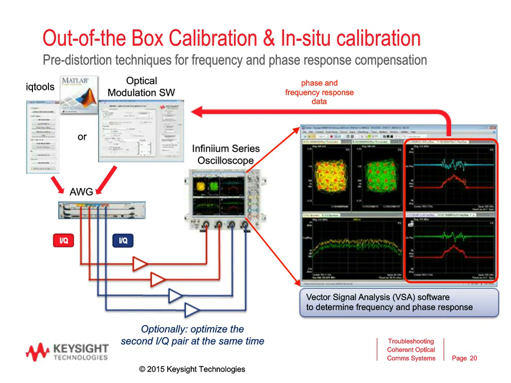And I'm taking out this phase and frequency response data and load it into my optical modulation software or the IQ tools. And the routines inside the software packages now pre-distort the signal in a way that the frequency loss and phase changes on the signal and also on the amplifier will cancel out with the pre-distorted signal. And in the end, I get a clean signal at the output of my amplifiers or at the front panel of the oscilloscope here.